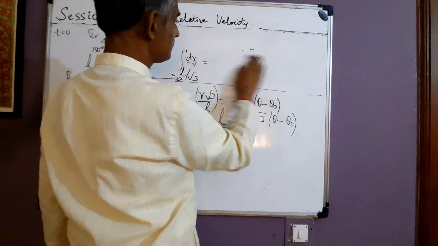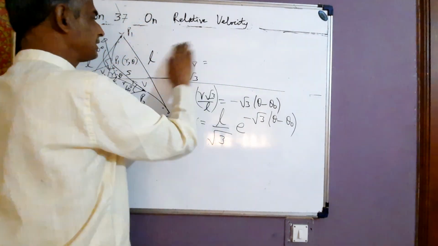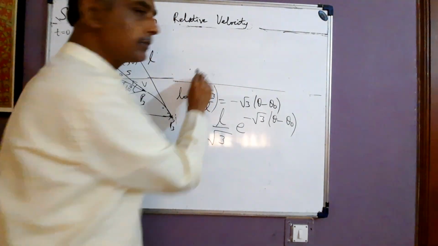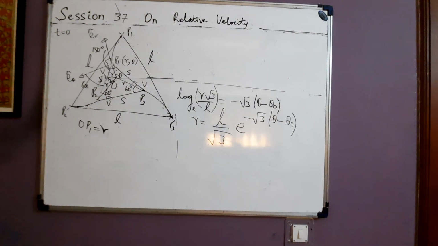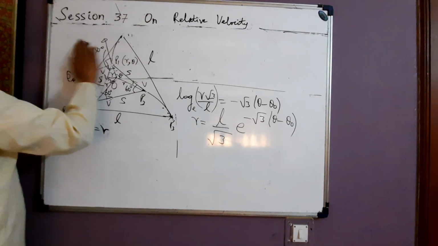Now wrap this, okay. So the question arises, how to find the value of theta naught for these 3 points, the initial value of theta. So I'll rub this also.